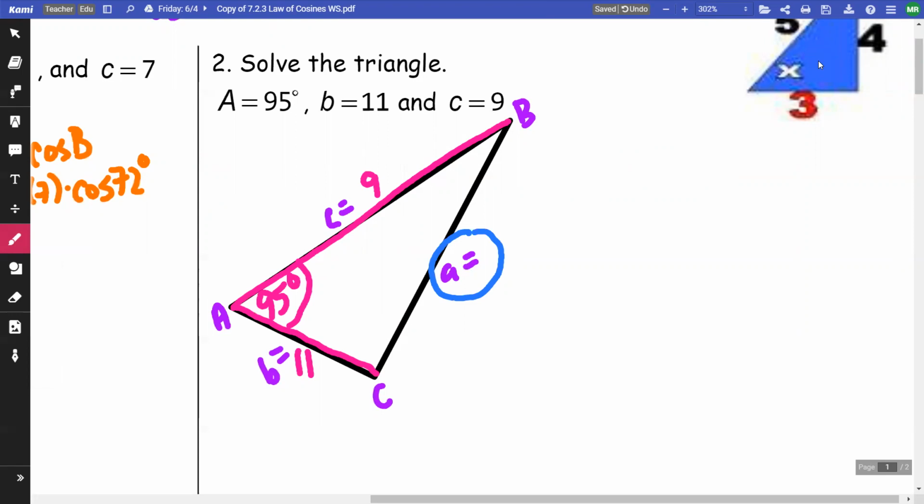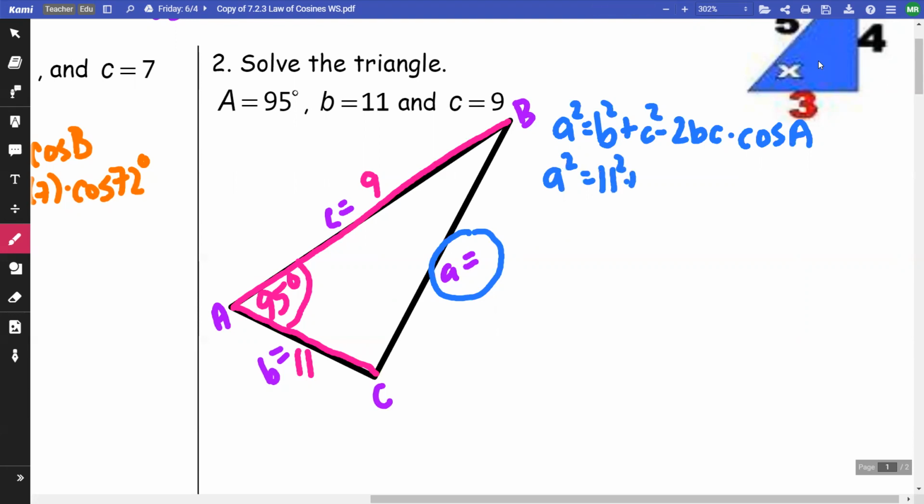So I'm going to do A squared is equal to B squared plus C squared minus 2BC times cosine of A. So A squared is equal to 11 squared plus 9 squared minus 2 times 11 times 9 times cosine of 95 degrees.